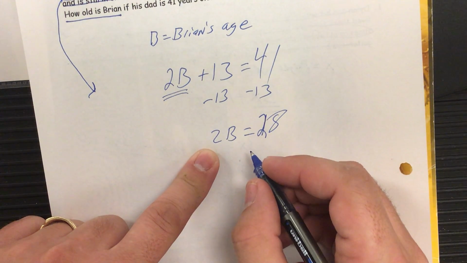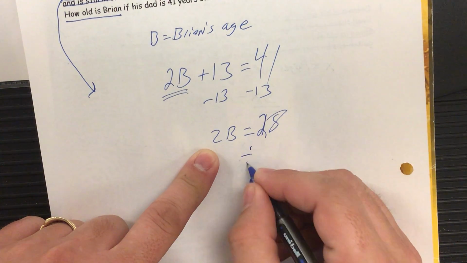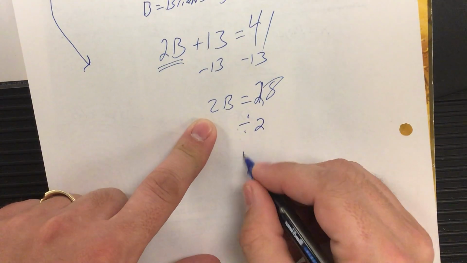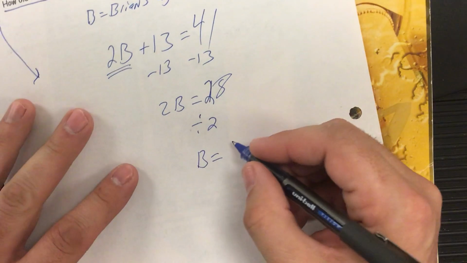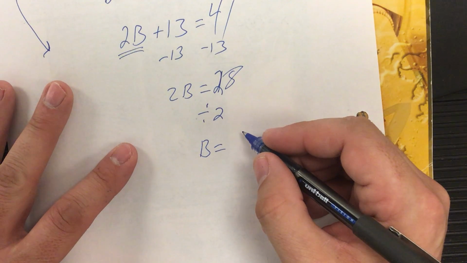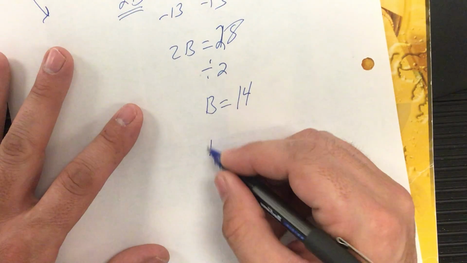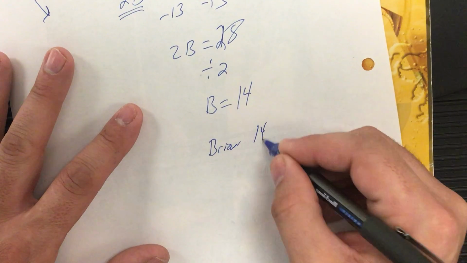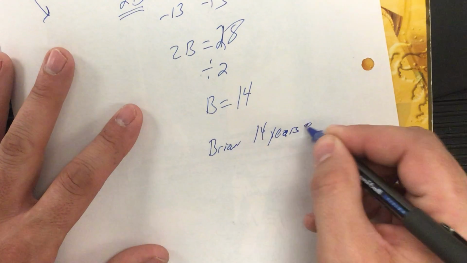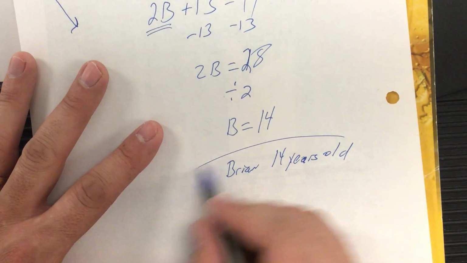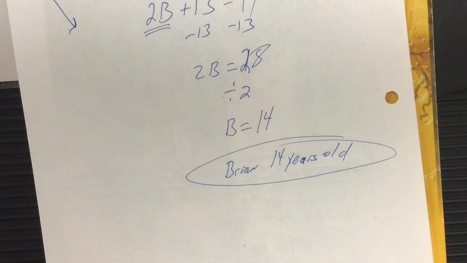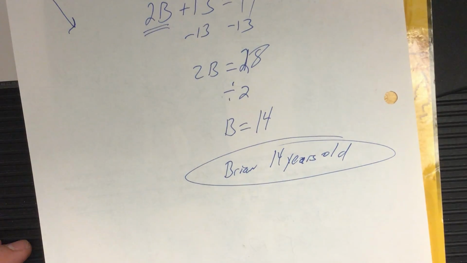How do I get rid of the 2? Divide. Divide by 2. So B equals? Half of 28. 14. So Brian is 14 years old. Can you be in high school at 14? Yes. Yeah, so that's certainly reasonable.